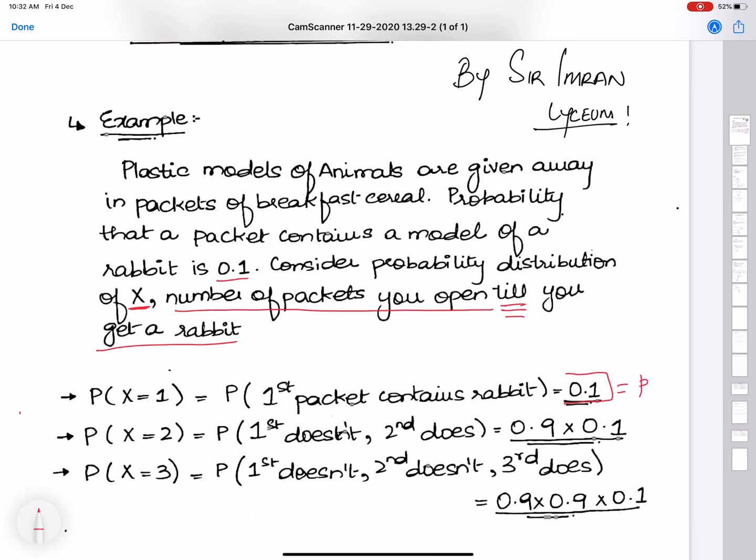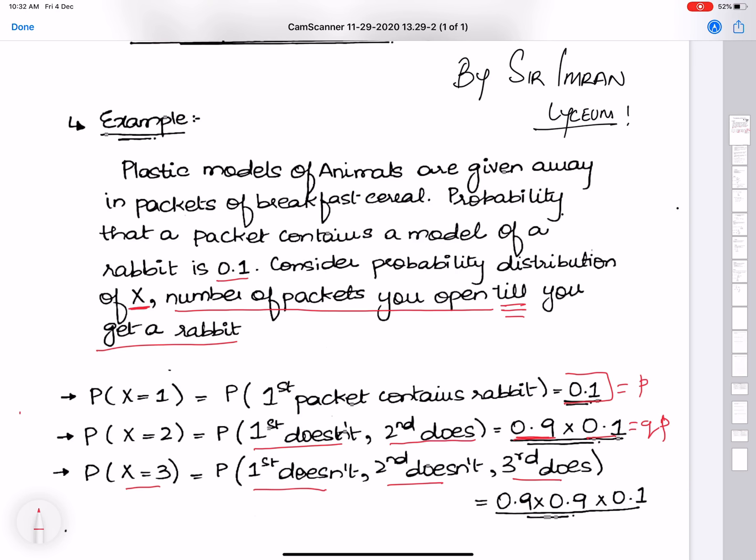And let's suppose you get the rabbit when you open the second packet. First doesn't, second does. So for the first not, it means 0.9, which is q, and then p. So you can write this as q times p. Let's suppose you get the rabbit in the third packet. So first doesn't, second doesn't, third does.